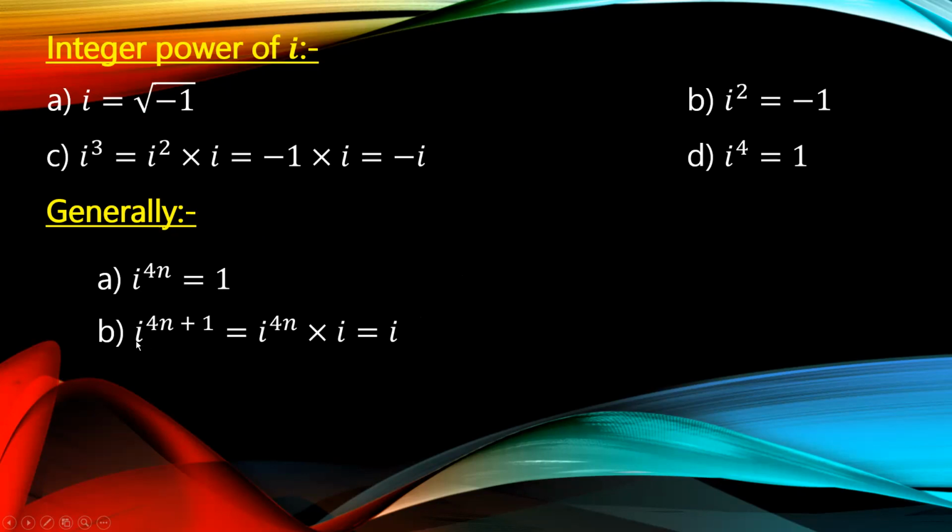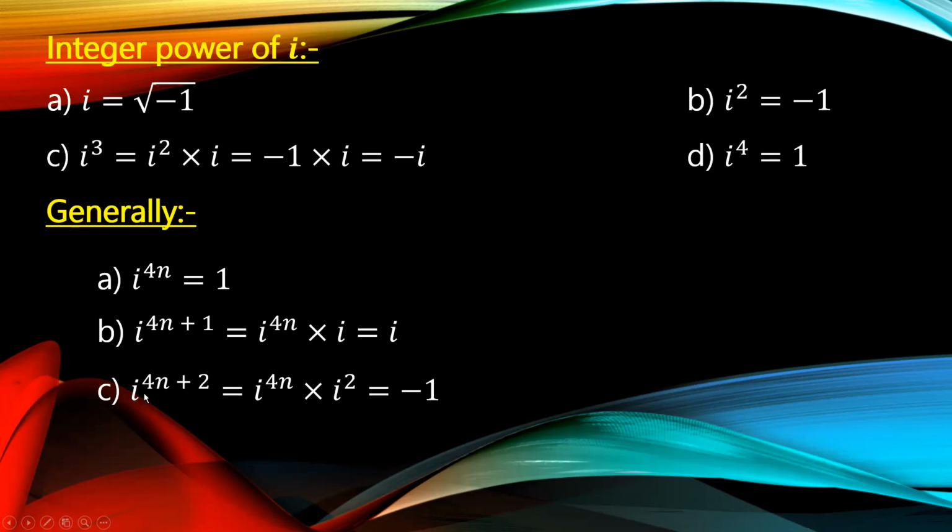Letter b, i^(4n+1): I can expand this as i^4n times i. I^4n equals 1, times i, equals i.